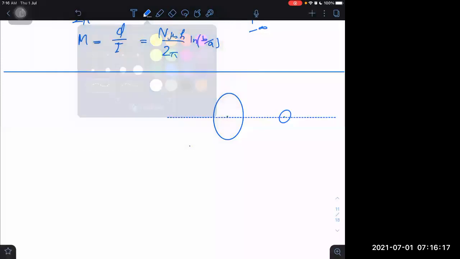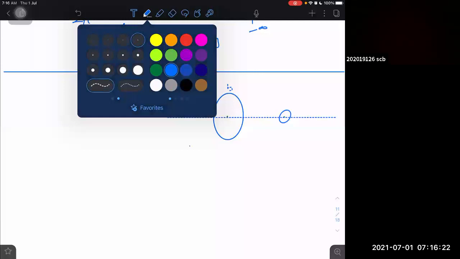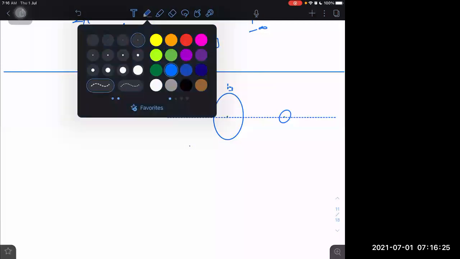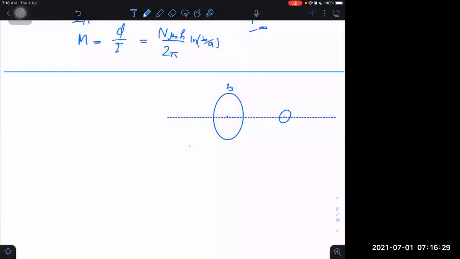Take the radius of the bigger loop to be B and the smaller to be A. A is very small as compared to B. And the smaller loop is inclined at an angle theta with the first loop.